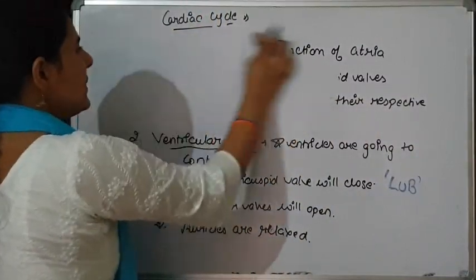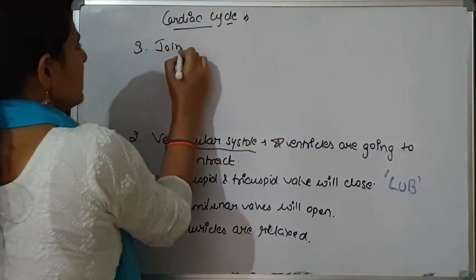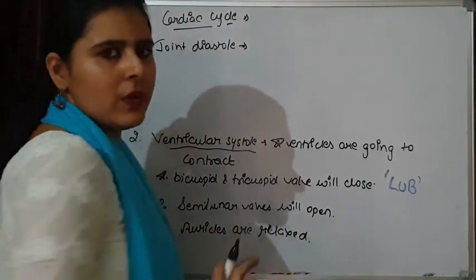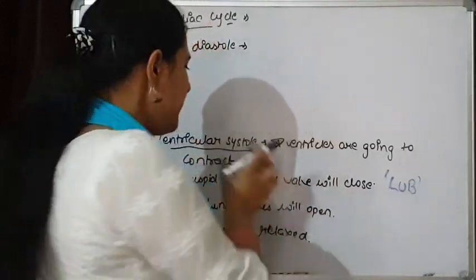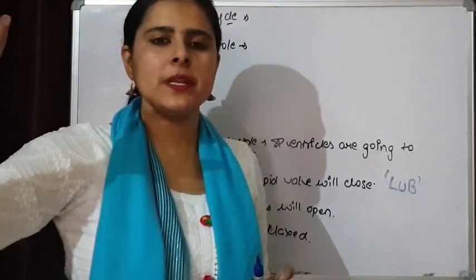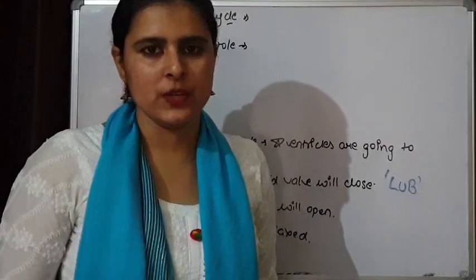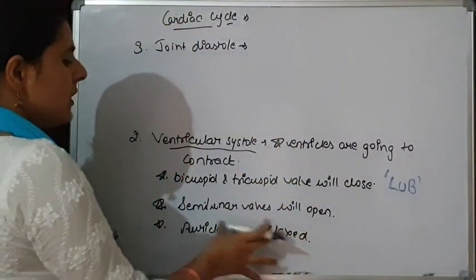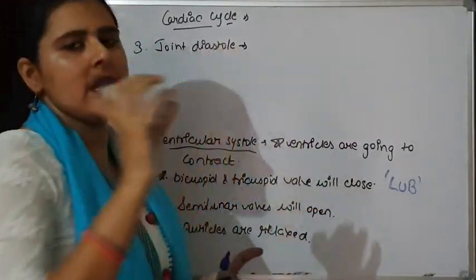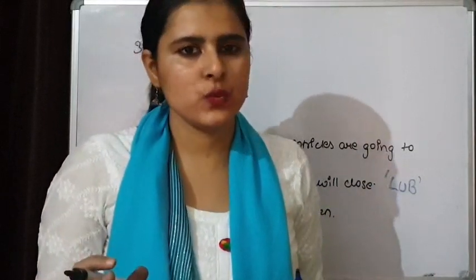What does joint diastole simply mean? Here the auricles were already relaxed, and when blood is removed from the ventricles into the pulmonary artery and aorta, the ventricles also come into a relaxed position. Because both chambers, auricles and ventricles, are relaxed, we call it joint diastole. All four chambers of the heart are in a relaxed position.